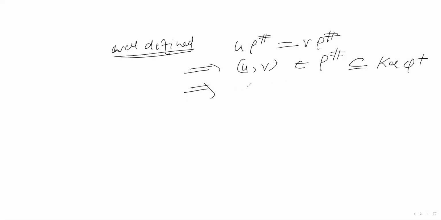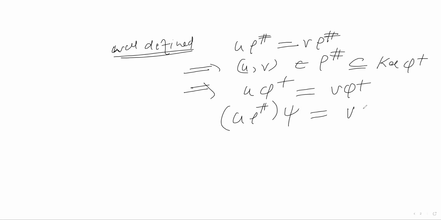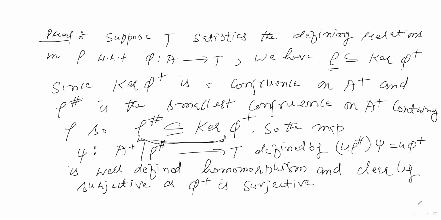So u phi plus is the same as v phi plus, and this is what u rho sharp psi is. So u rho sharp psi is the same as v rho sharp psi. So this map psi is well defined. It is a homomorphism because phi plus is a homomorphism. Again, it is surjective as phi plus is surjective. So you get the required result.